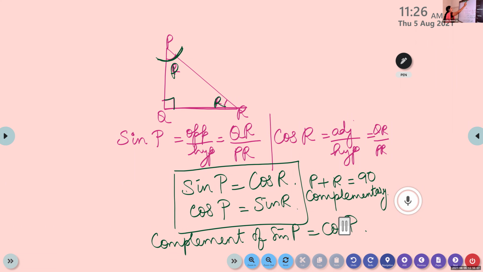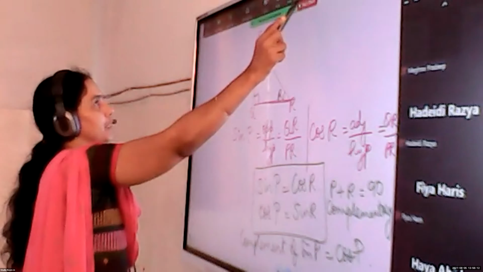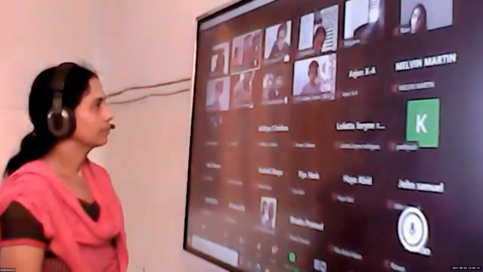In an acute angle, sine P will be the same as cos R. That P and R sum to 90 degrees.